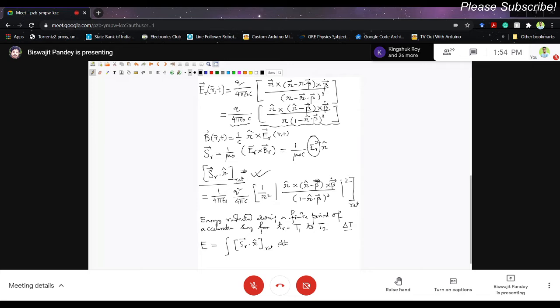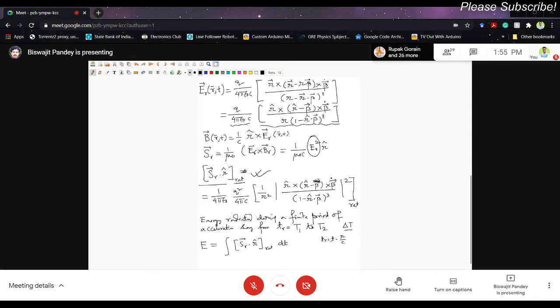Now you see, you have to be careful about this t and tr. This dt is the time interval measured by an observer at the field point. In order to do the integral from the observer's perspective, we have to integrate according to the observer's time, because tr equals t minus r by c.